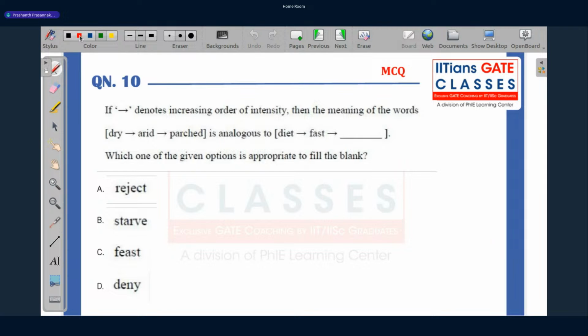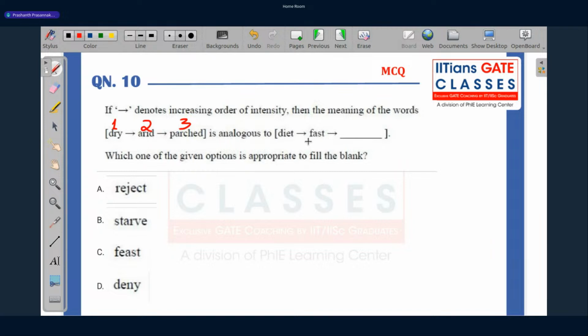The way we can see it is that dry, we can give it a number, let's say 1. Arid is a little further than dry. Parched is like really high, really dry, as in it gets worse and worse. Same way over here. Diet is small. Fast is a little more severe form of diet.